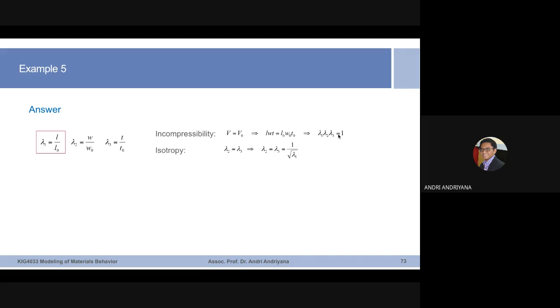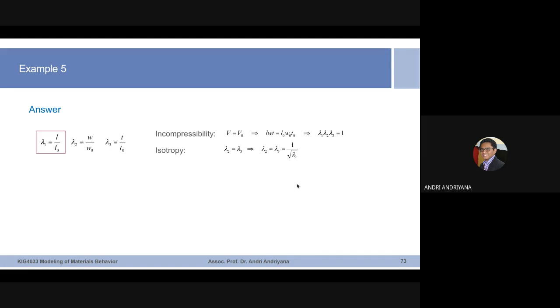From isotropy we observe that lambda 2 is equal to lambda 3, so now I can express lambda 2 and lambda 3 as functions of lambda 1. The more you stretch along lambda 1, the more you have reduction in width and reduction in thickness.